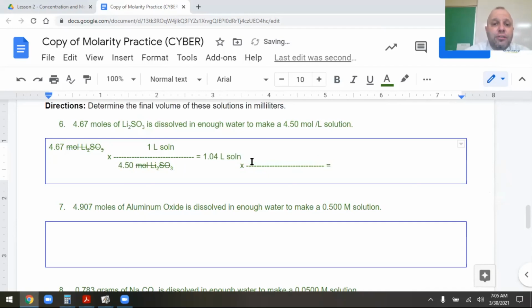But just as a reminder for everyone, the conversion between liters and milliliters: 1 liter of solution is equal to 1,000 milliliters of solution. So 1.04 times 1,000 is 1,040 milliliters of solution. In this case, it's Li2SO3 solution.